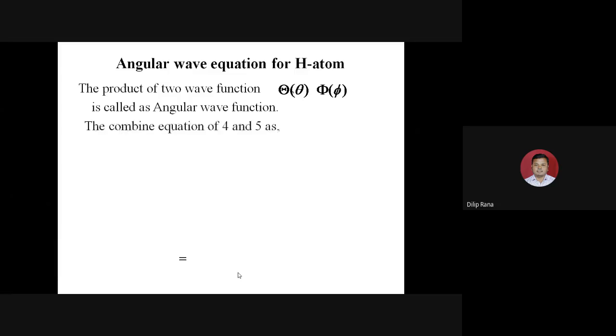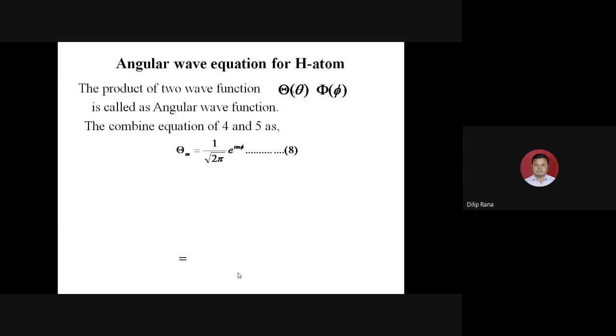Now the angular wave functions are taken together as the product of theta of theta and phi of phi. This is the angular wave equation. Now this is the combination. If we solve equation number 4 and 5 that we already took in the previous session, then we have the equation phi m of phi equals 1 by root 2 pi e to the power i m phi.